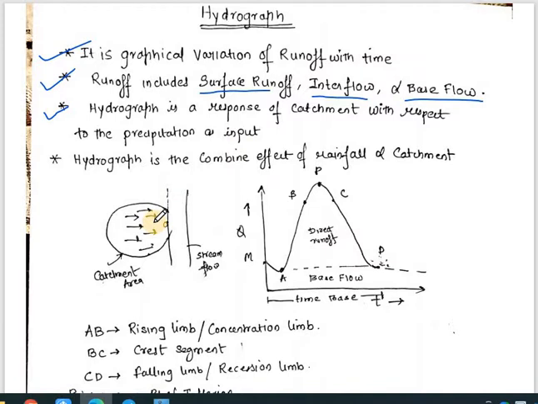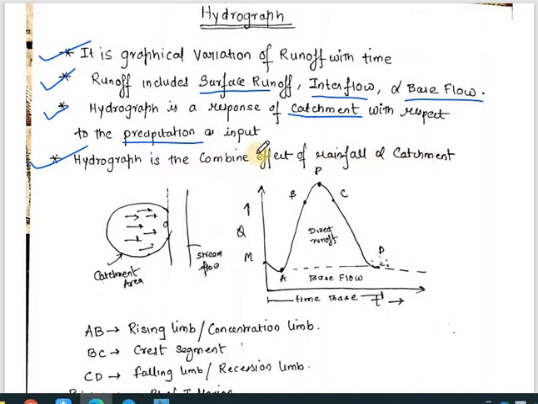Precipitation is in the form of rainfall. So basically, it is a representation of the catchment with precipitation as input. Now hydrograph is the combined effect of rainfall and catchment. So you can also say that hydrograph shows the combined effect of your rainfall as well as your catchment.